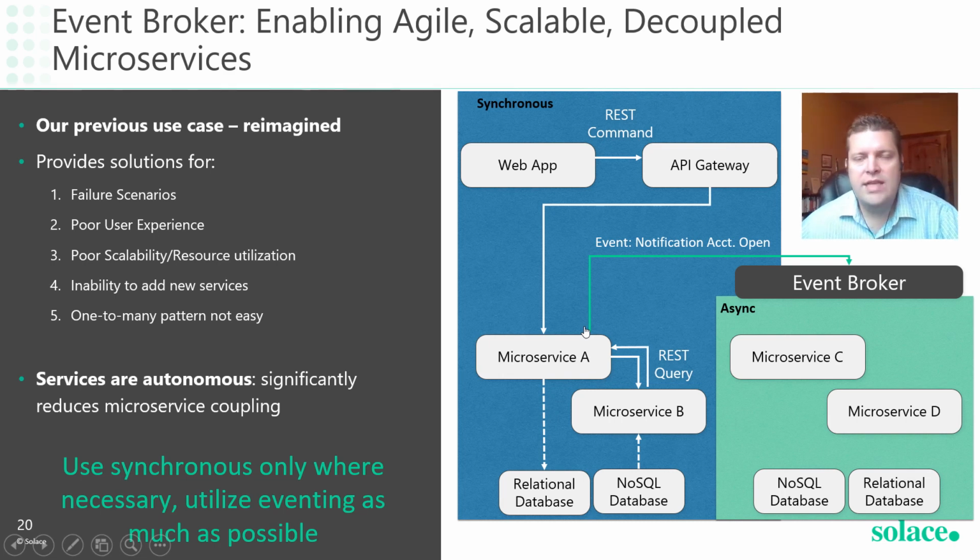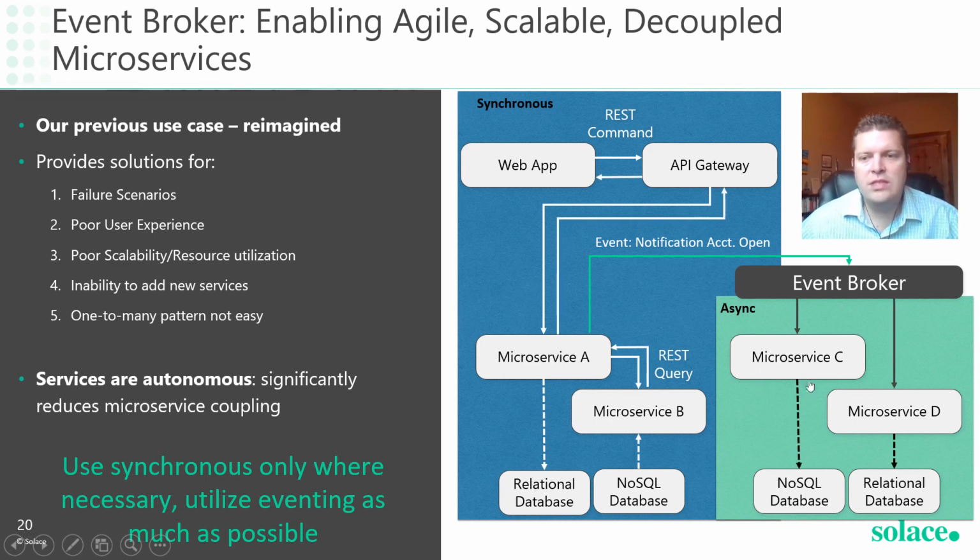An event is always a historical viewpoint on something that's happened in the system. In this case, microservice A is sending a notification saying that the account's been opened, and it sends that to an event broker.